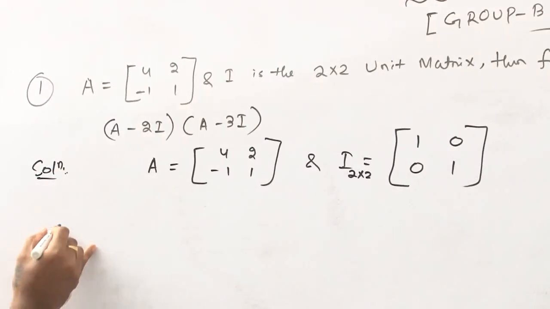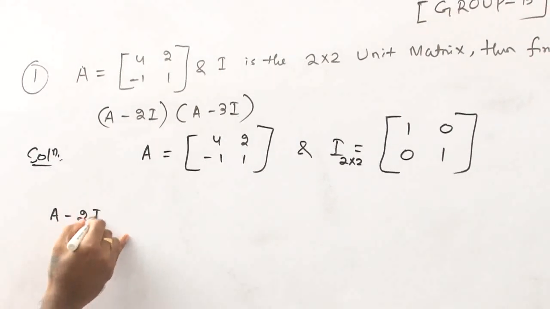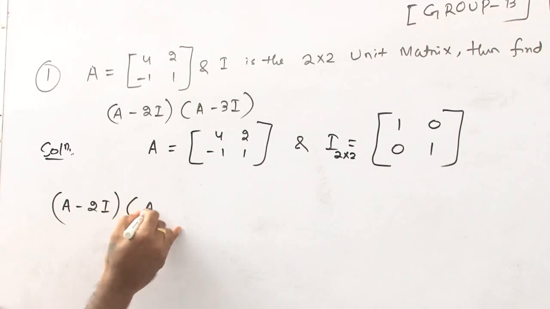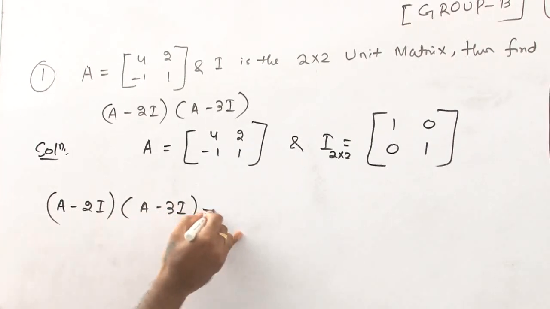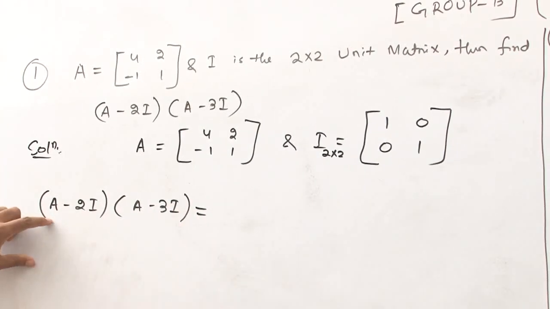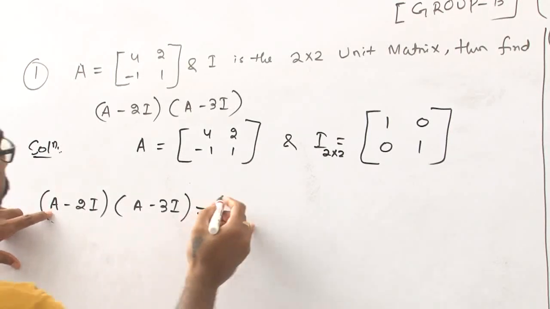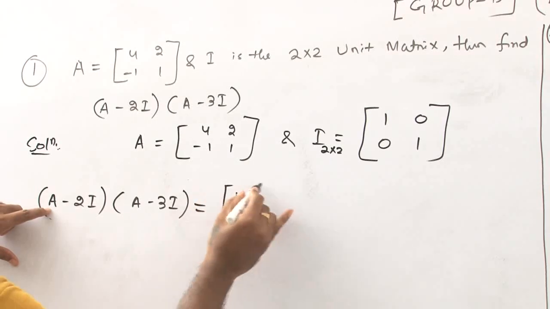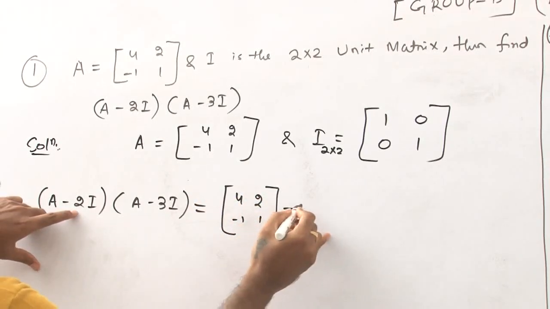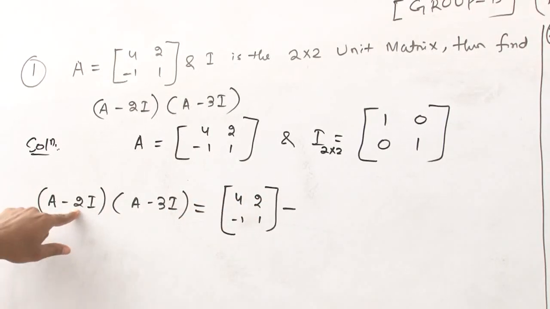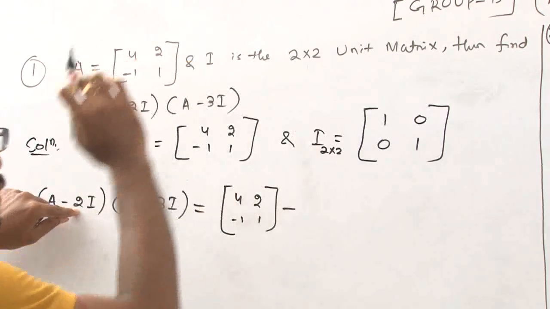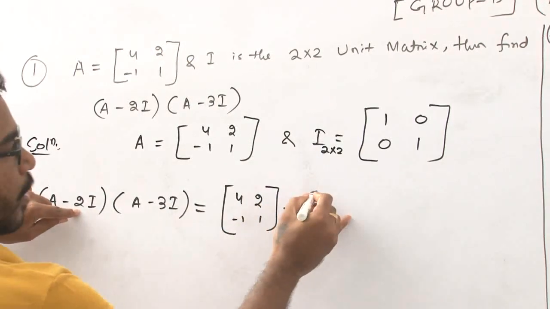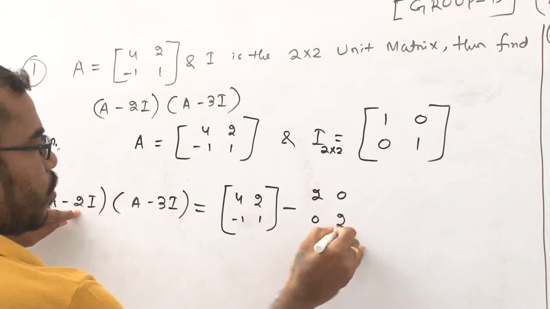Now we have to find the value of A minus 2I into A minus 3I. That is equal to, if we put the value of A, 4 2 minus 1 1, A minus 2I. 2I, if we multiply 2 into the unit matrix, we get 2 0 0 2.